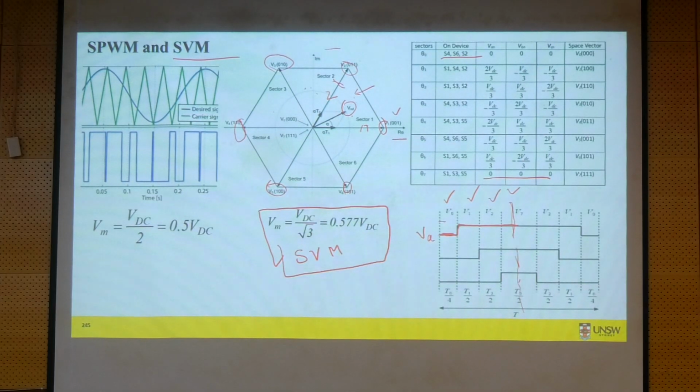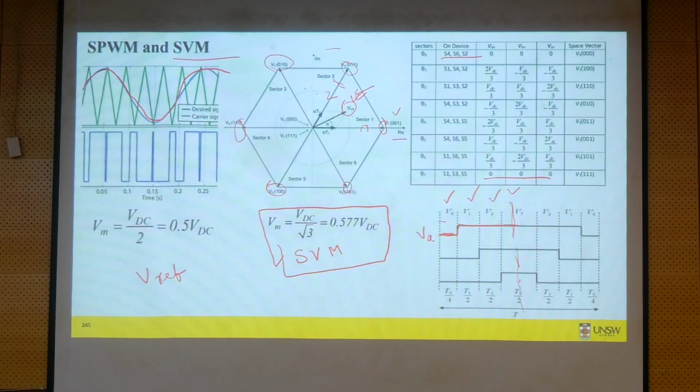Either one, PWM or SVM, in each case you need a reference voltage. In the case of SVM, this is your reference voltage. In the case of SPWM, this is your reference voltage.